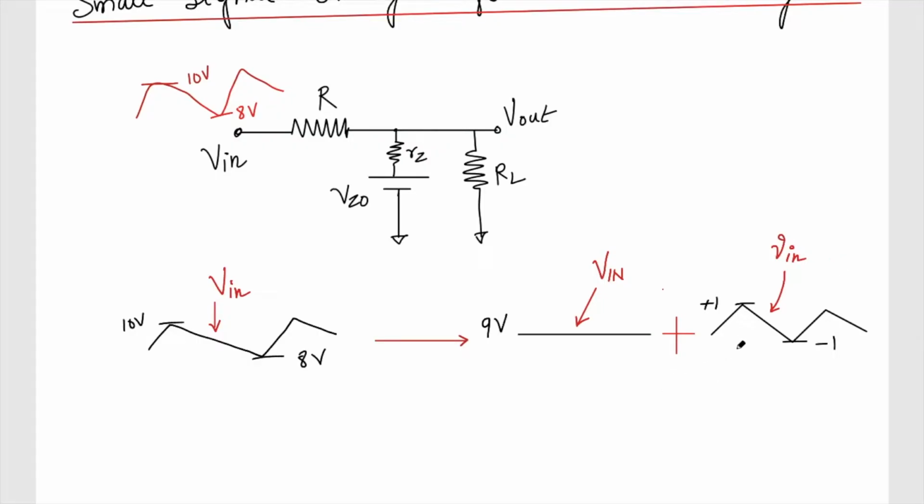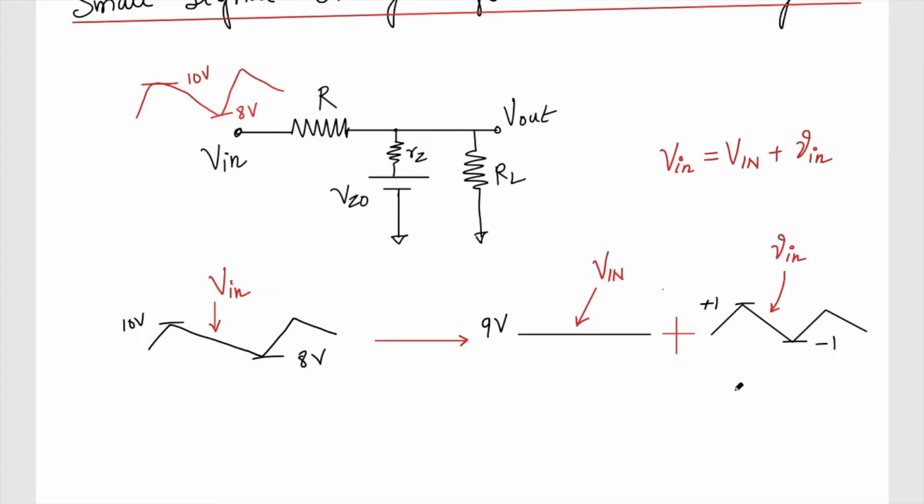So we will be using this notation if there is this AC plus DC. So basically what I mean here is this v IN will be equal to the summation of capital V IN plus small v in. So this v IN is a superposition of this DC part as well as the small signal part.